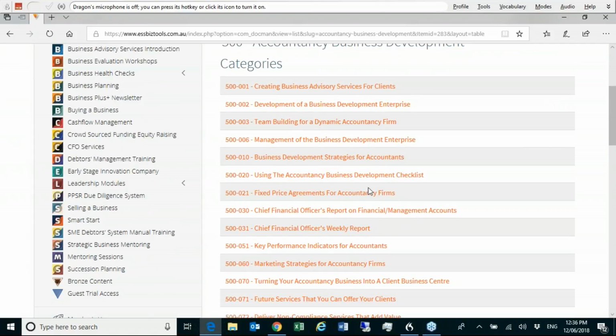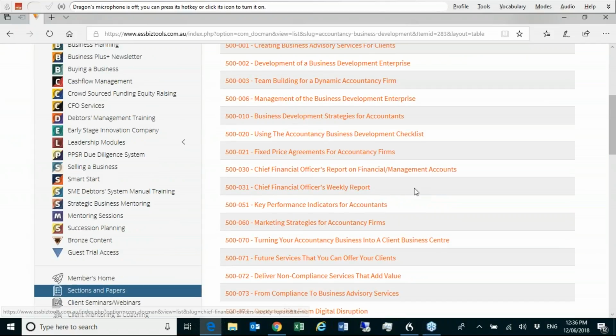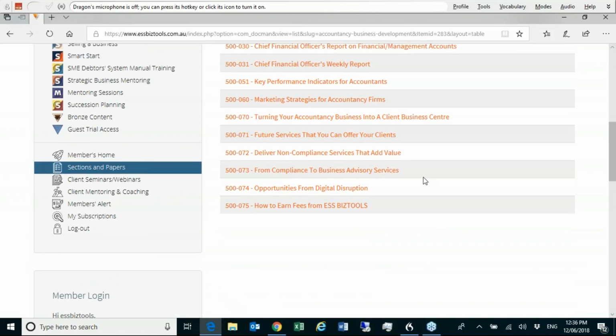So there's individual papers there. The system works exactly the same. If you want to look at one, you click on the name, then you can receive both the paper and the PowerPoint slides that go with that paper. So that's a quick overview of sections and papers.